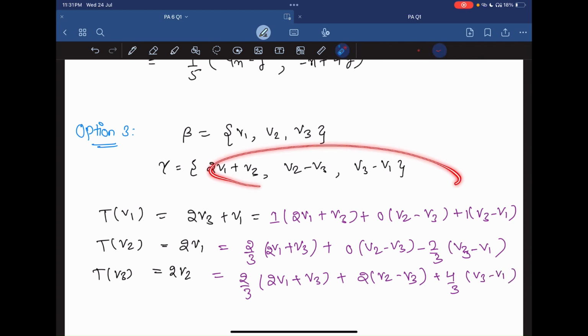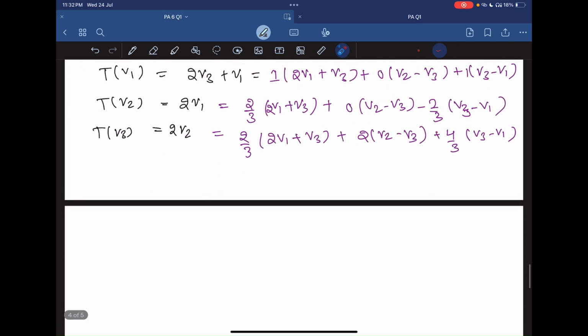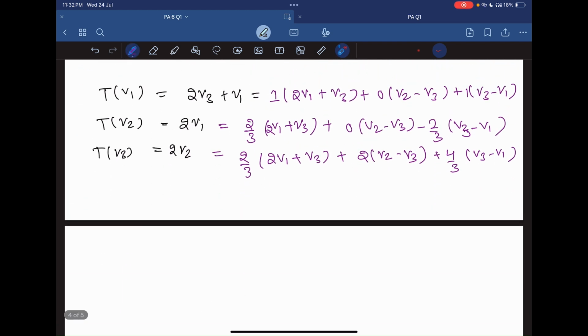Now as these are the bases, we can write any vector in R3 as a linear combination of these three vectors.